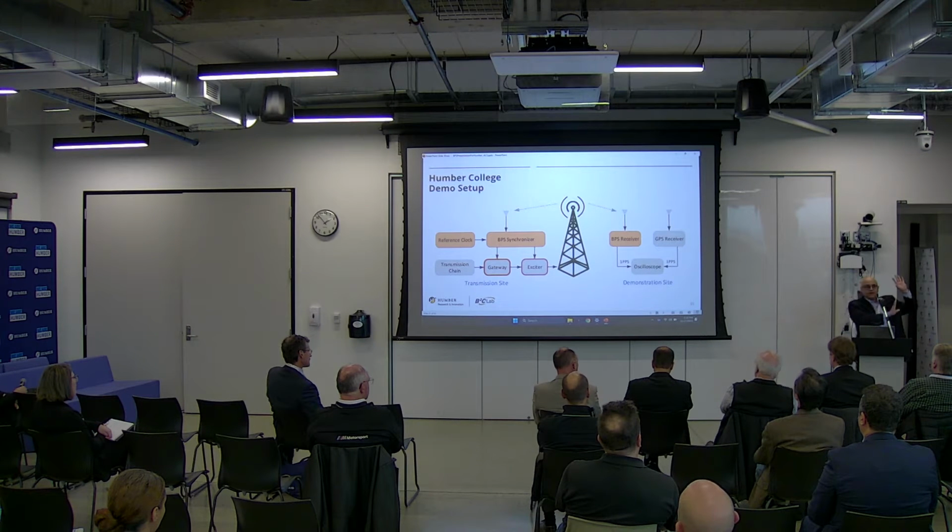It is being synchronized using a GPS clock, but that is not the point. We could replace it with an expensive clock if we want to. So it's happening totally separate, 1.5 kilometers away. And then in this building, we have a receiver.